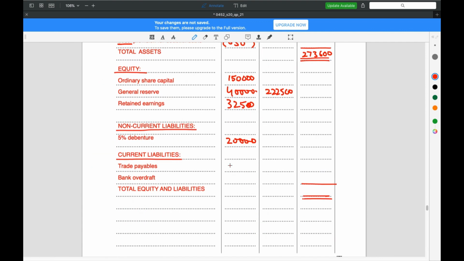The payables are given at $24,900, and then the bank overdraft is $6,200. And then when you total all of this, this is $20,000, and then this is going to be 31,100. And when you total all these three, you're going to get $273,600, which is going to be the same as the total assets. And if they balance out, it means that you solved this question correctly.